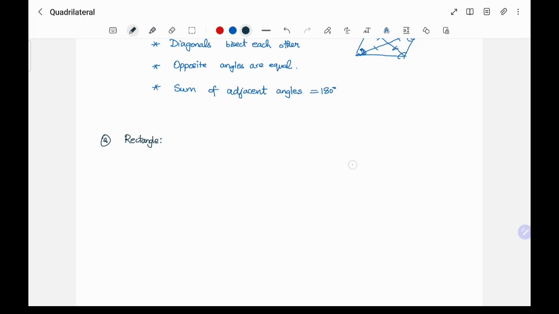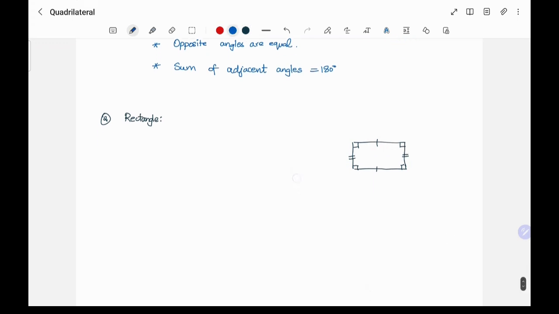A rectangle is a special form of parallelogram where the angles are 90 degrees each. So still the opposite sides are parallel and equal, and all the angles are equal to 90 degrees. Here also, let's say this is b and h. Area is equal to base into height.